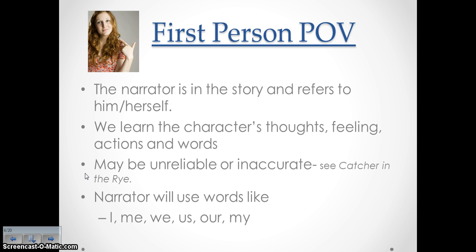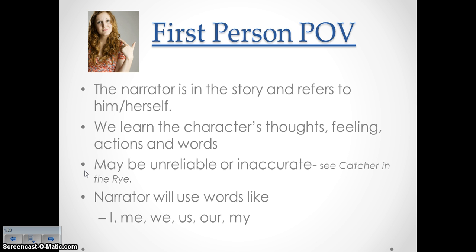So that's a positive, obviously, with using first person point of view. One of the negatives, though, and we have to be aware of this, is that when you're using first person point of view, the narrator can possibly be unreliable or inaccurate because they're only seeing the story from their side or their point of view.